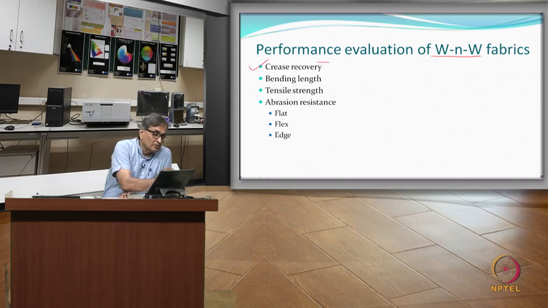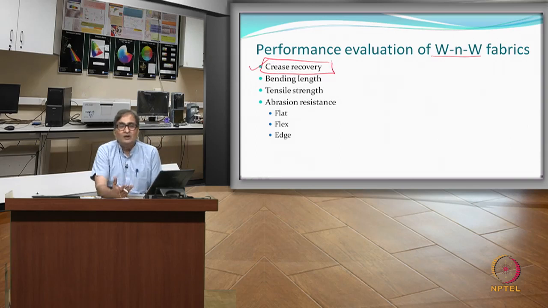The important thing of course for us is crease recovery, because our motivation was basically to improve these recovery properties by this cross linking. So that is of course important. We know how to measure it.